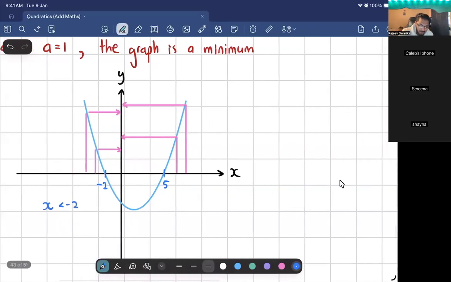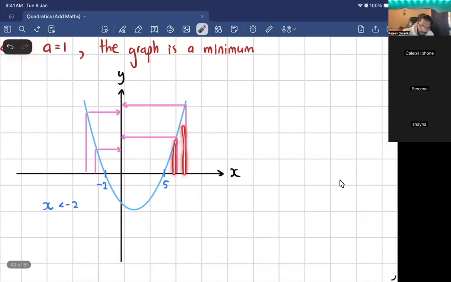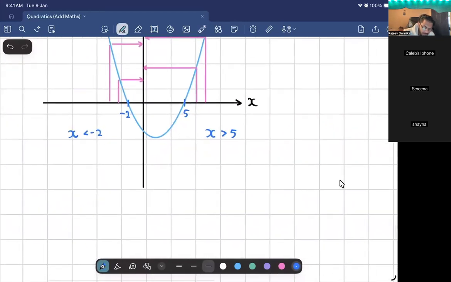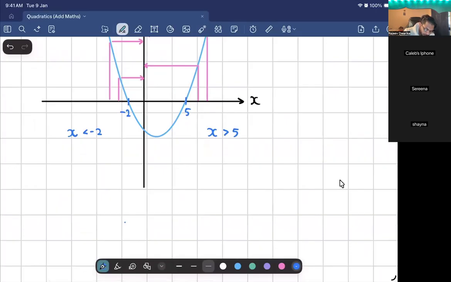All right. And talk to me, Caleb. If we're taking values here, are our values less than 5 or more than 5? More than 5. Right. So we will say x is more than 5. And to write my solution, I'm going to say x is such that x is less than -2 or x is more than 5.